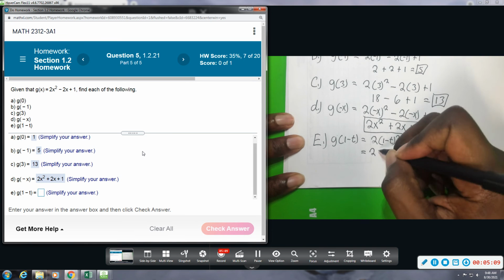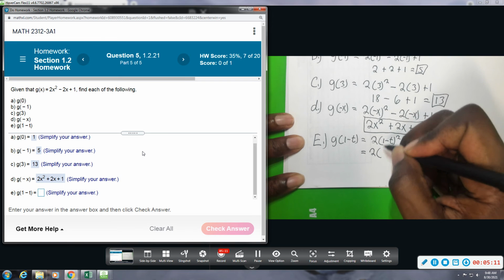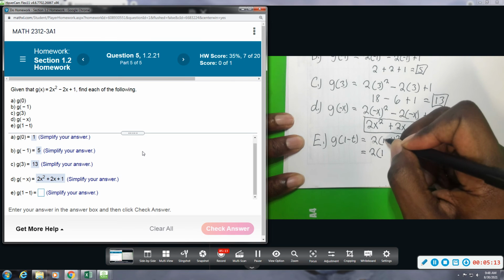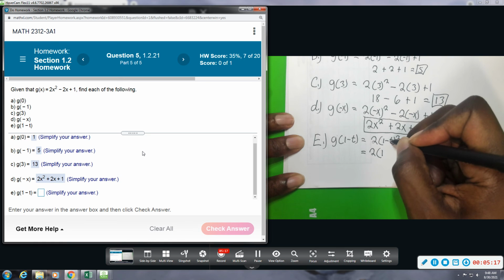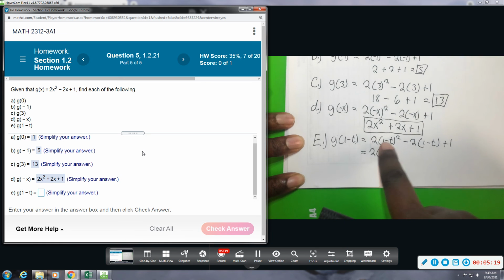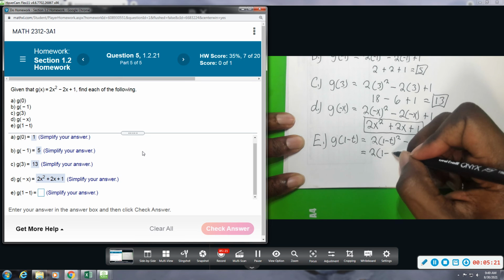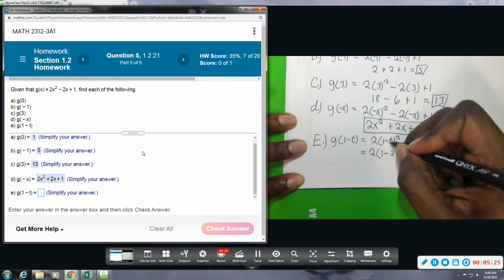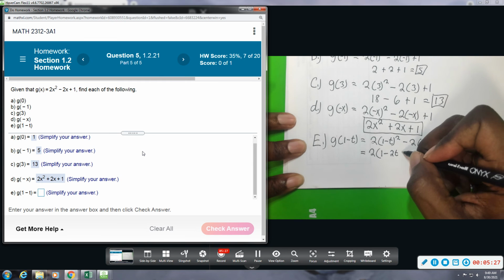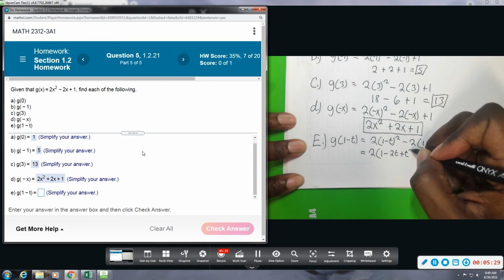Bring down the 2, and then you square the first term. You multiply these two together. That will give you a negative 1t, but you double it because you have that term twice. So give us a negative 2t. And then you square the last term. So negative t squared will give us a positive t squared. Okay.